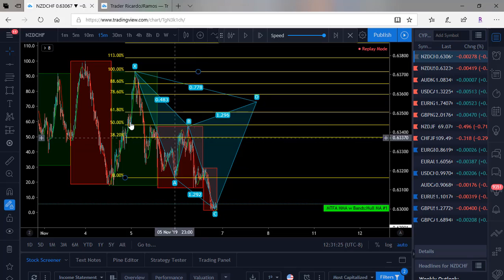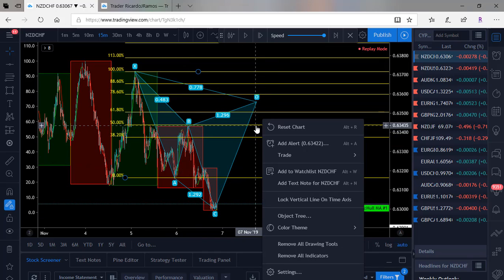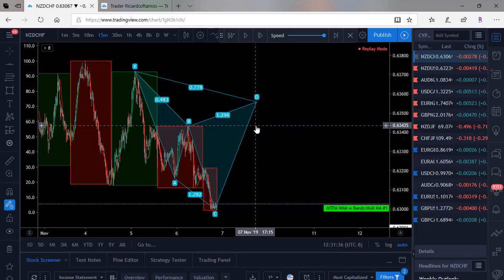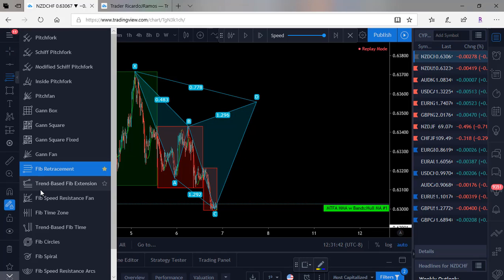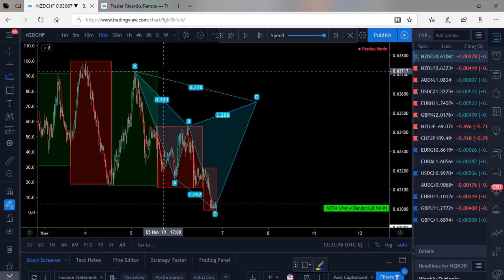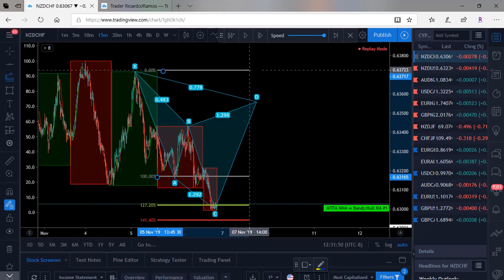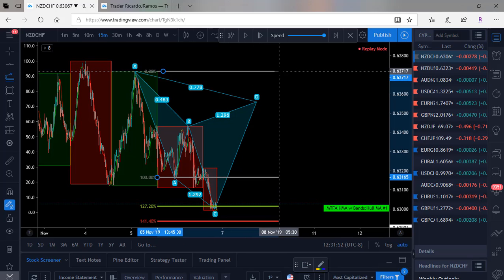So it kind of ranged between the 50% and the 38.2, and then it dropped from there. So now that the B point is established, we use the Fib extension from X to A back to X.